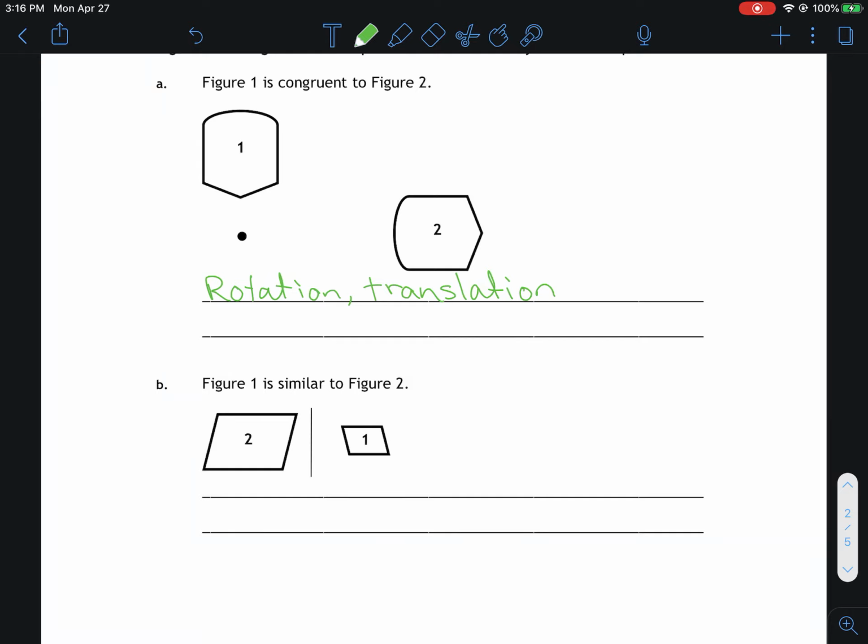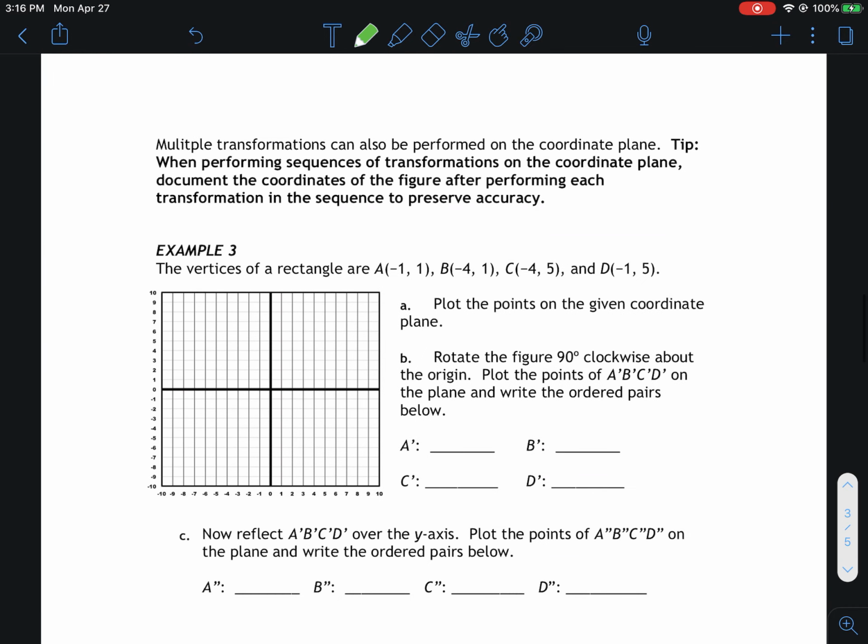And then over here for letter B, it says figure 1 is similar, not congruent. So that means that there is a dilation. We don't know what the factor is. And we also know that it is a reflection. So it is both. And it is a reflection because it is a different direction since it flipped over the line between the two figures.